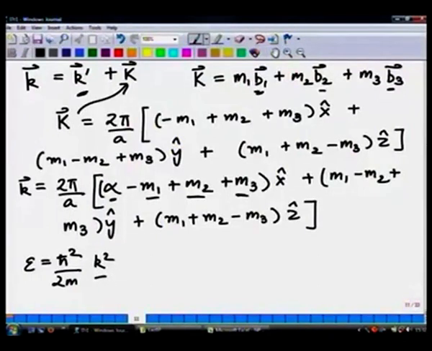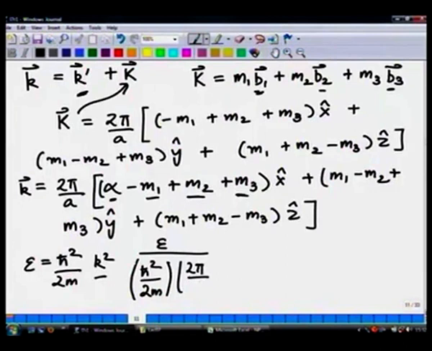If I want to calculate this so that there is no confusion, I am going to write energy divided by h square by 2m into 2 pi by a whole squared as equal to the square of this entire factor from here to here. Let me use a different pen.